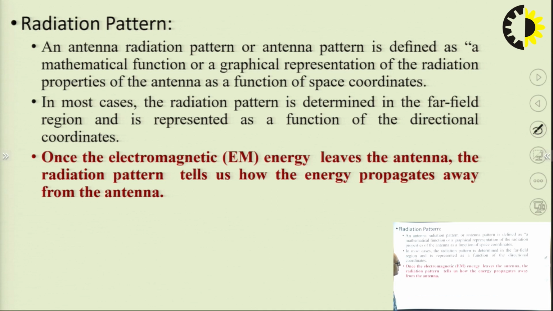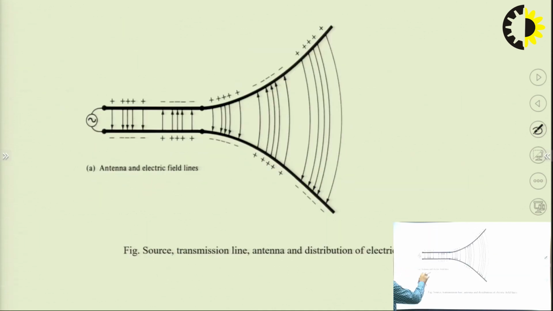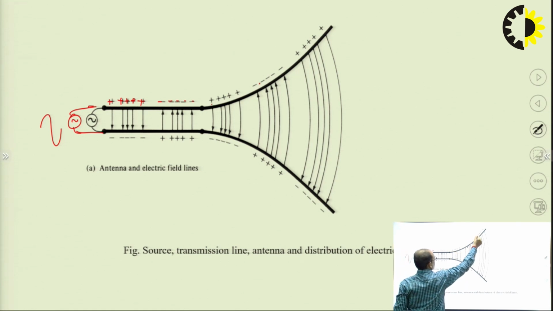So you can see here the basic mechanism of how an antenna radiates. Let's say this is a source which provides a voltage to this transmission line. There will be charges present inside, when there is a positive cycle or negative cycle. When there is the next cycle, then here there will be a negative charge. At another cycle, there will be positive charge, negative, positive.